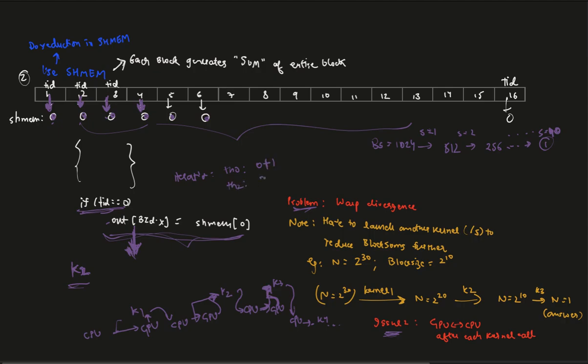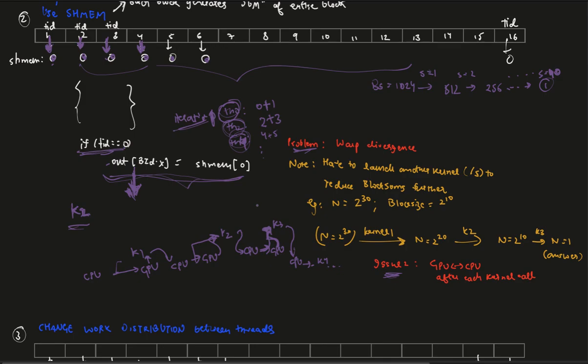Thread 2 calculates elements 2 plus 3. Thread 3 calculates 4 plus 5, and so on. Sorry, this should be thread 4. So in iteration 1, only the even thread indices are active, and odd thread indices are inactive.